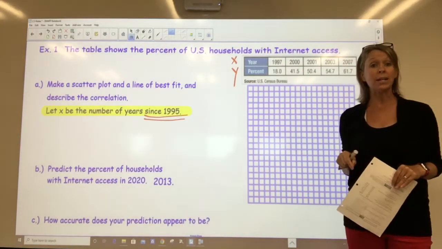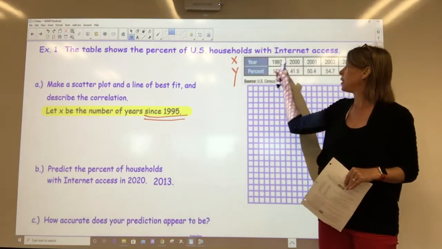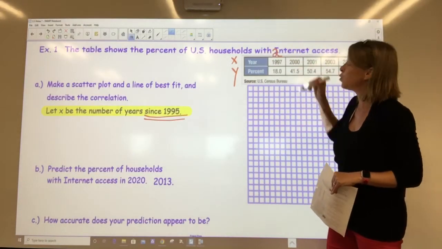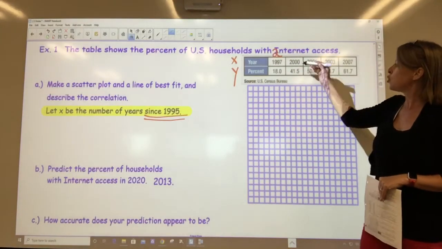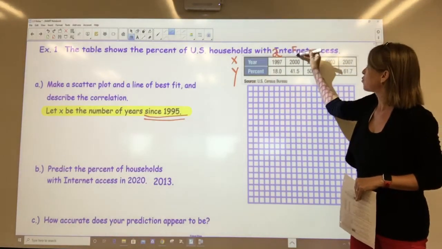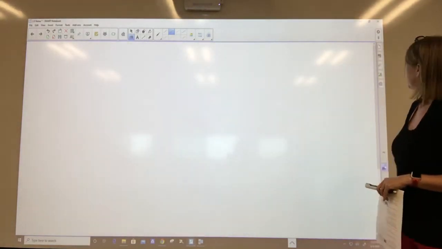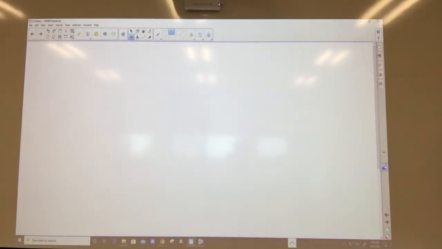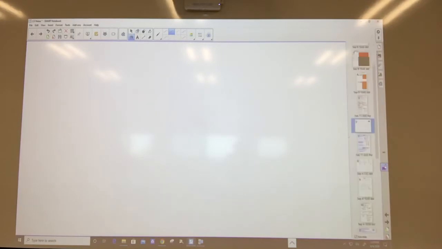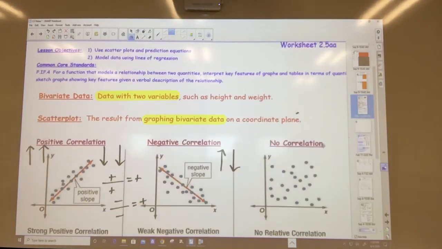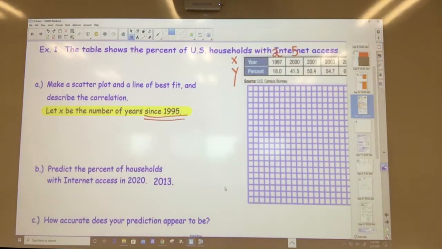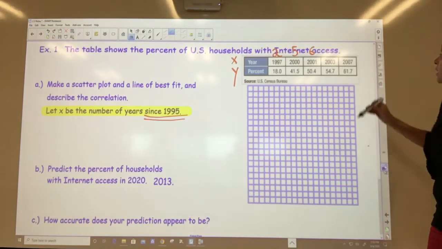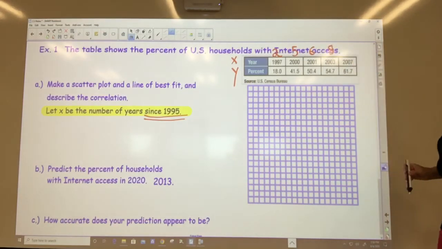So if you look at the year 1997 and you say to yourself, how many years is the year 1997 from the year 1995? Well, that's 2 years. So I'm going to put a 2 over top of that. 2000 would be 5 years after the year 1995. 2001 would be 6 years. 2003 is 8 years after 1995.